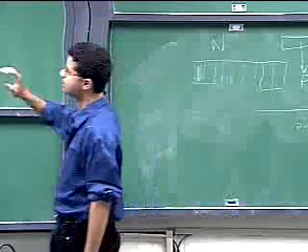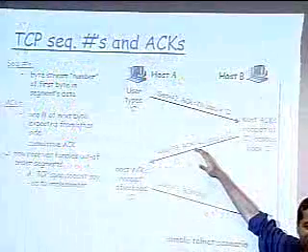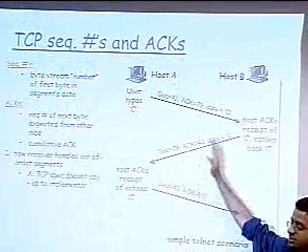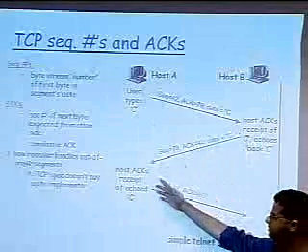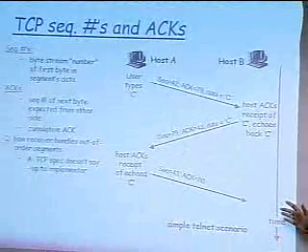Ignore the buffer. So what happens is one byte is sent across with sequence number 42. It's received here. Since sequence number 42 is received, this next packet will carry an ACK number 43. It's expecting byte 43 in the next time A sends something to B. And this process then carries on.